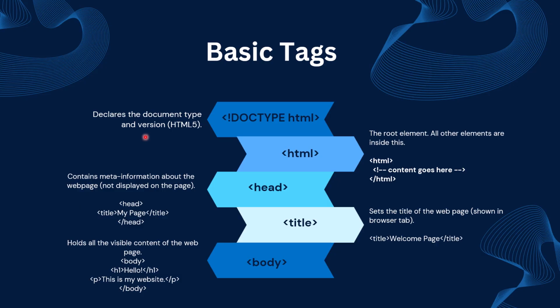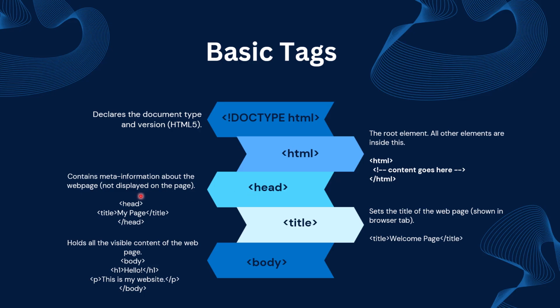That is HTML5, which we are currently using. And the HTML tag. This is the root element. All other elements are inside this. Every code of HTML is contained within this tag.